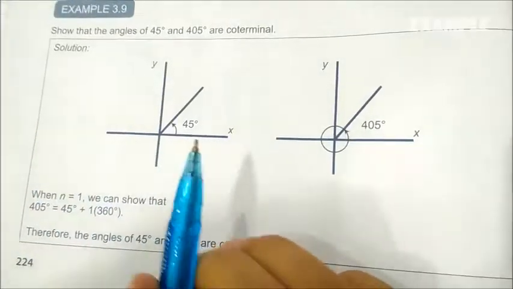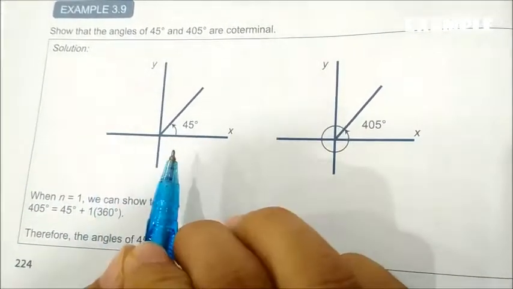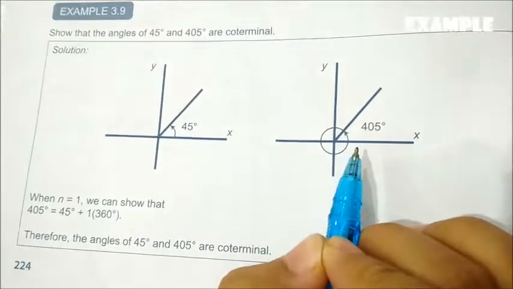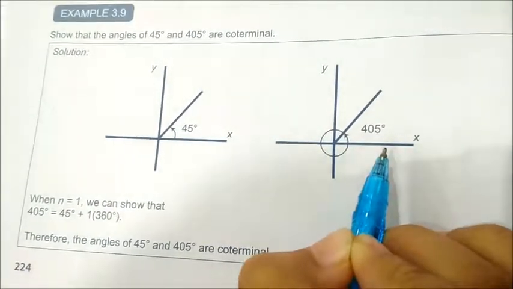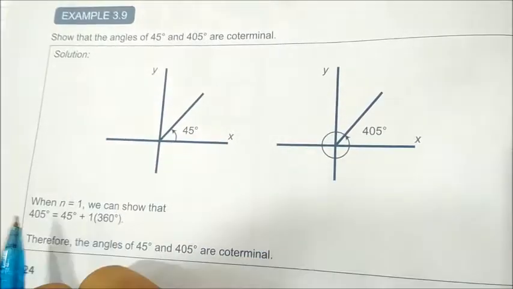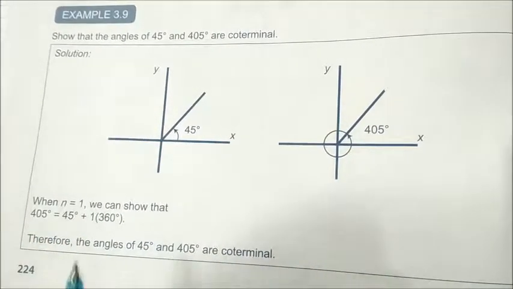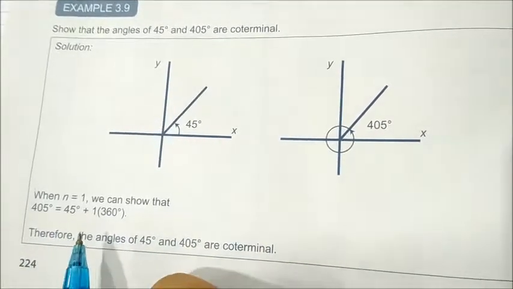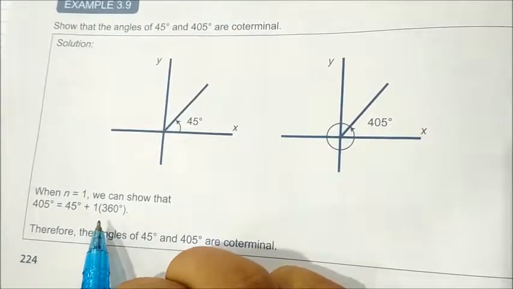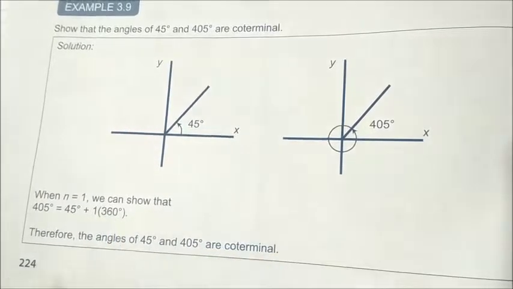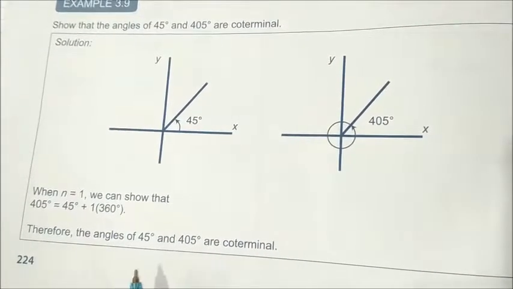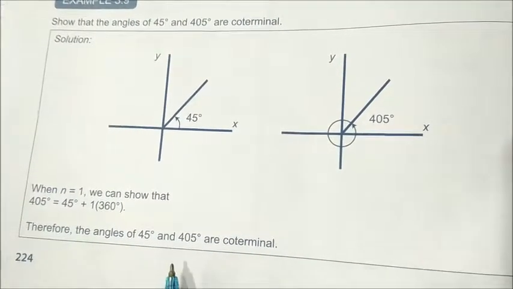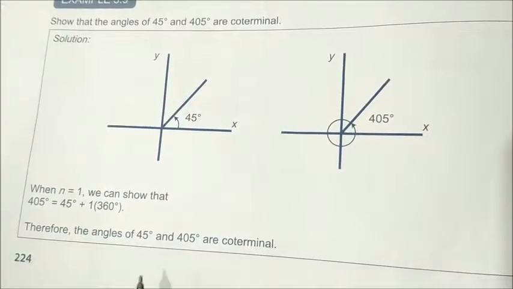For example, 45 degrees and 405 degrees are coterminal. When n equals 1, we can show that 405 equals 45 degrees plus 1 times 360 degrees. Therefore, the angles of 45 degrees and 405 degrees are coterminal.